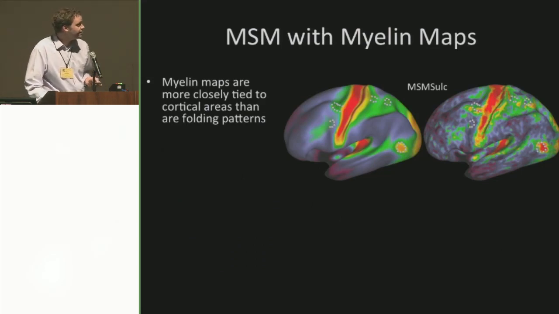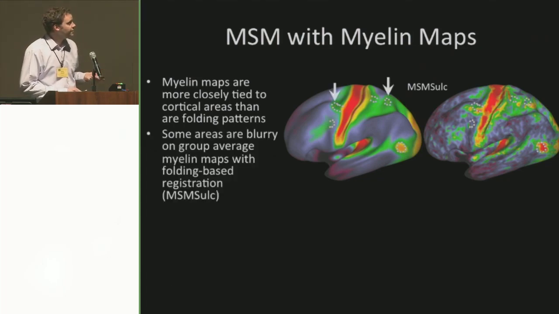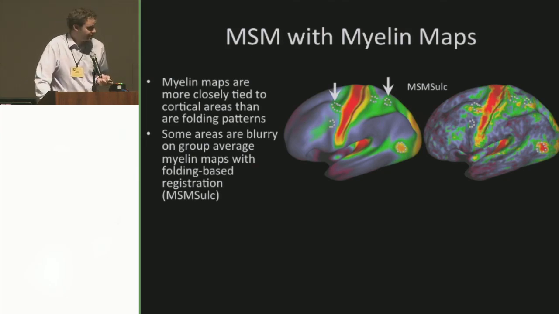As I said, the Myelin Maps are more closely tied to cortical areas than our folding patterns. This is a folding-based registration of Myelin Maps here. And we can see some areas are blurry on group average Myelin Maps registered with folding-based registration. As we're going to see in a second, all of these areas that are outlined by white dots are going to get sharper.